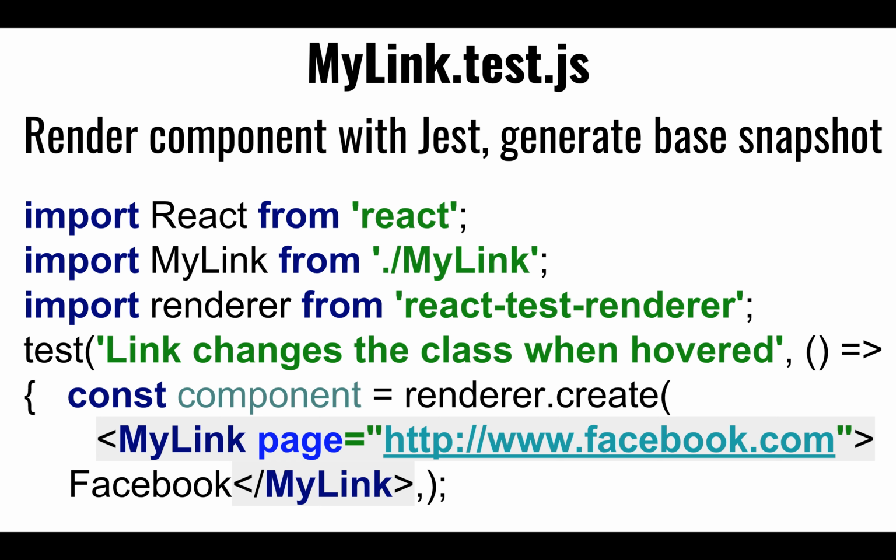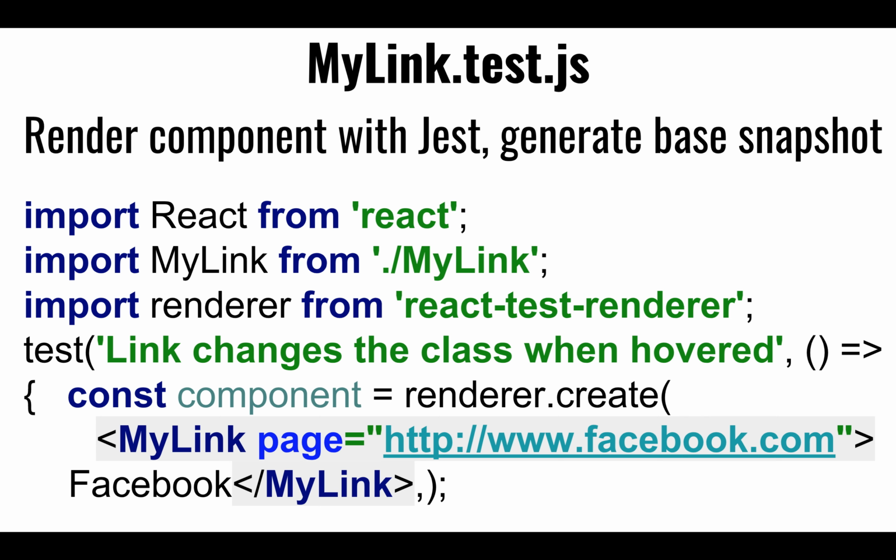We're never going to see our actual link render on a browser. Well, I mean, you could. You could put the link in an actual app and run it with npm start and see it rendered. Obviously, yes. But the whole intent here is to not use the browser. Instead, we're going to use the React test renderer to replace the browser and do all the things that the browser would have done.